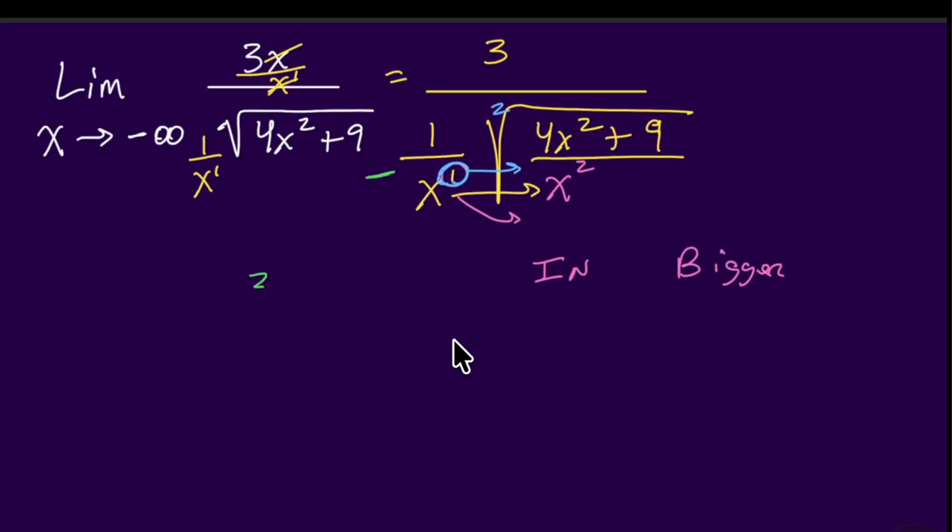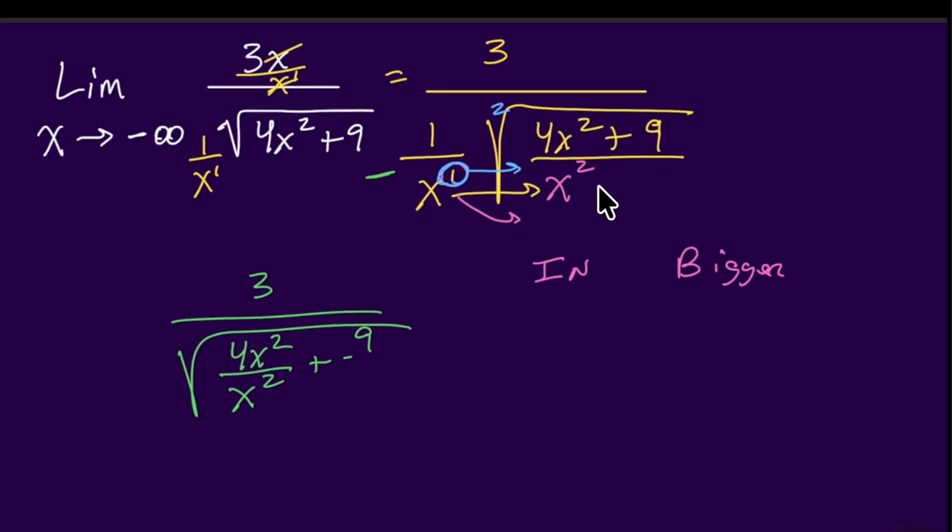Okay, so let's rewrite this. Now 1 over x to the first is going to disappear from the outside of the radical and end up in the radicand. So we have two separate terms. I'm going to divide each term separately by the x squared, and we cannot forget that all-important negative that we inserted due to the fact we have an odd exponent being inserted into an even radical.